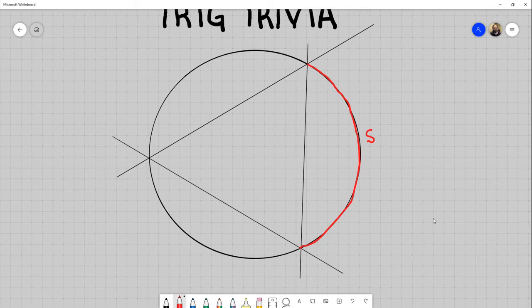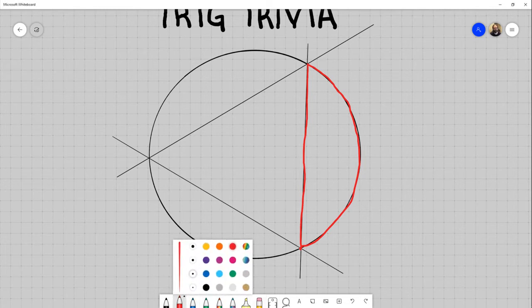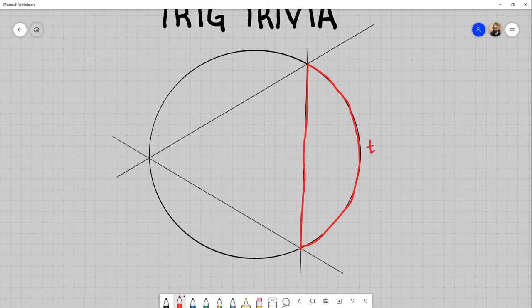And then this last chord that we just drew, maybe I wanted to call this T. Let's call this T, this will be better. Call this T, and let's call this one S. Now that red shape that I just drew looks like what a child might draw if you asked them to draw a bow.